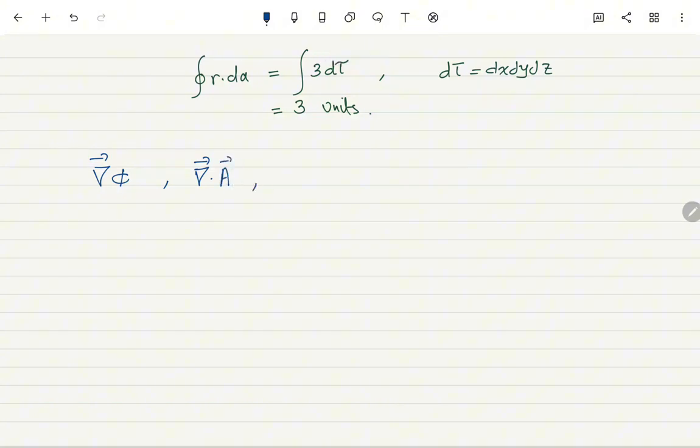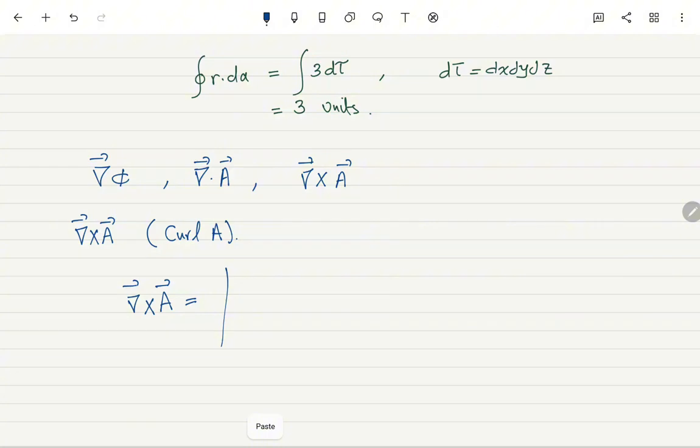Now let's discuss the curl when the del operator applies on a vector with cross product, and this quantity here curl A is defined as curl A equal to, now same rule as the cross product, I j k, partial x.